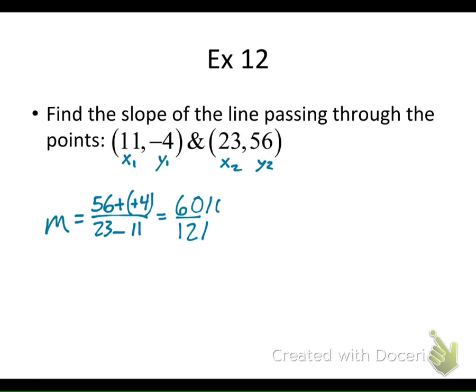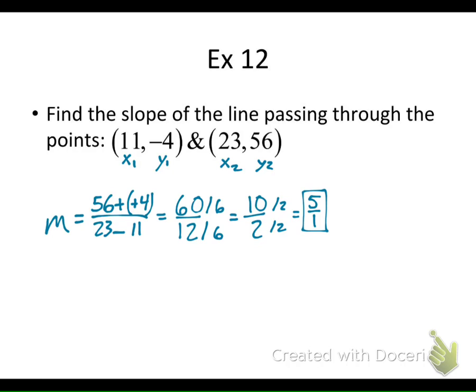Let's do 6 because it's bigger than those. 60 divided by 6 equals 10. And 12 divided by 6 is 2. Then what number goes into both of those? 2. So I'm going to divide by 2 again on top and bottom. 10 divided by 2 is 5, and 2 divided by 2 is 1. So my slope is 5 over 1.